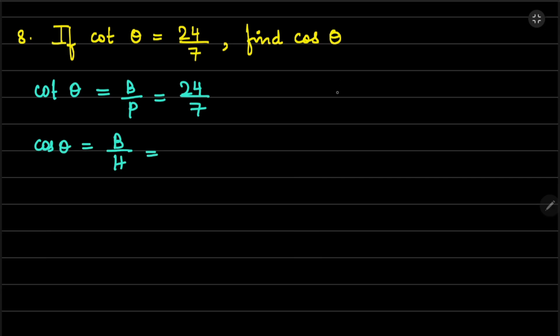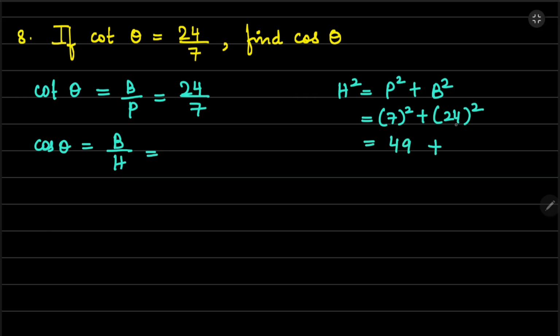We don't know what H is. Let us calculate. So H square equal to P square plus B square is your Pythagoras theorem. So H square is 7 square plus 24 square. Okay. So 49 plus, what is 24 square? It is 576.